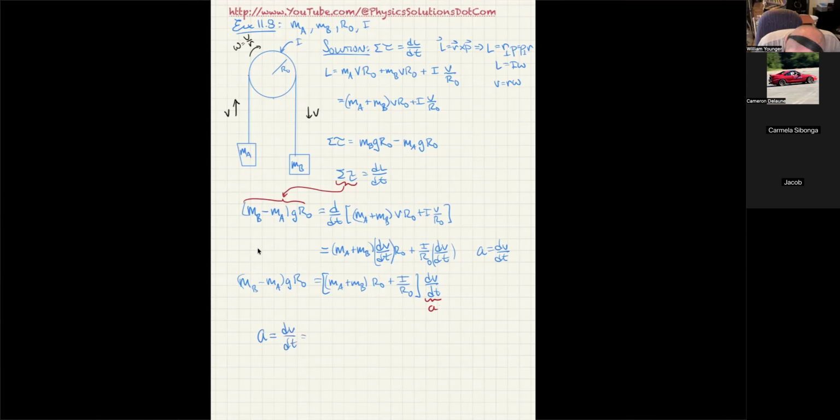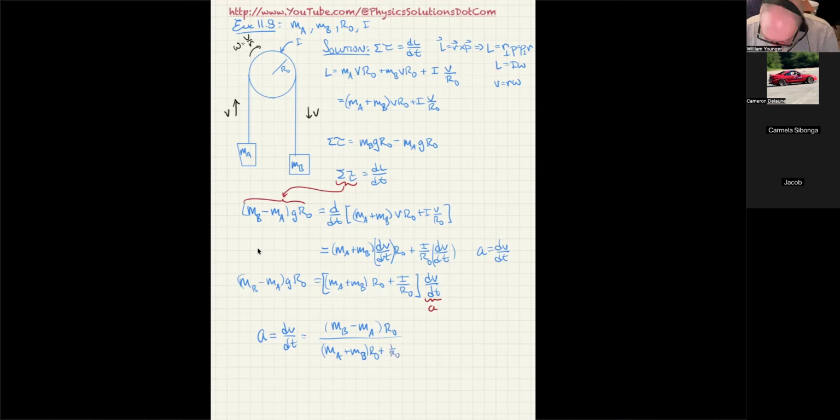That is actually equal to (mB minus mA) over (mA plus mB). And notice there's a factor of r0 up here. I'm going to put that in there as well. And this would be (mA plus mB) r0 plus I over r0.